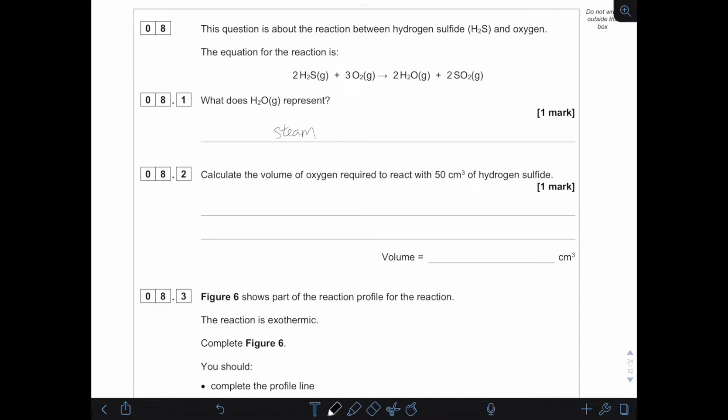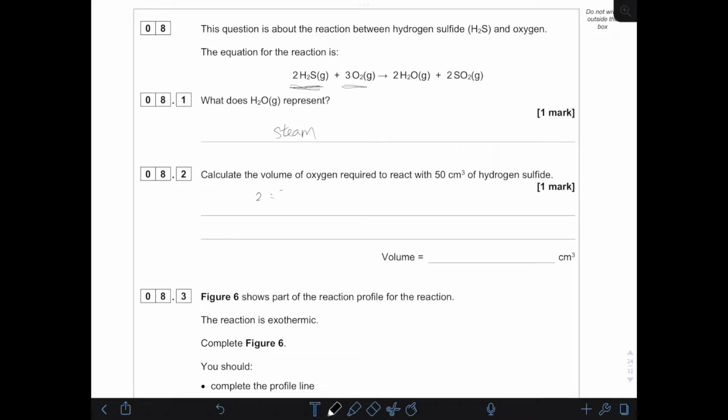Right, okay, so according to ideal gas laws, the volume of gas is directly proportional to the moles. And we know that the hydrogen sulfide to oxygen ratio is 2 to 3, which means that we want to find the 2 to 3 ratio of 50.